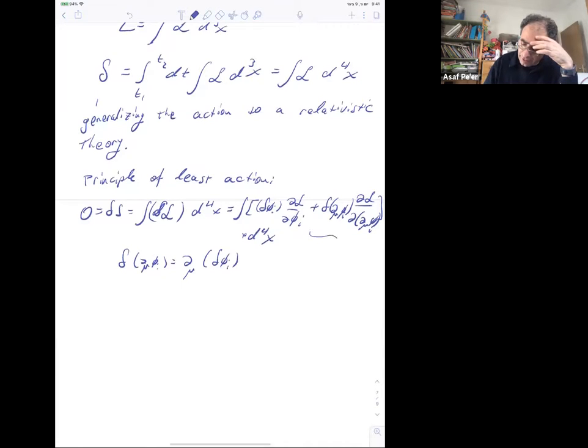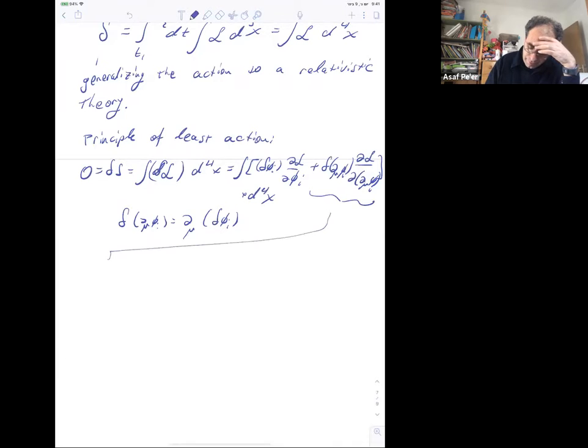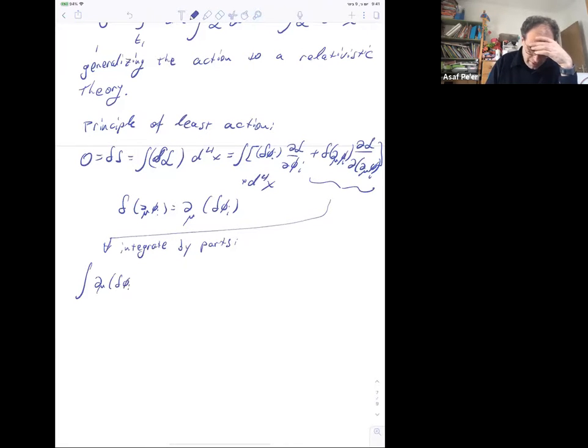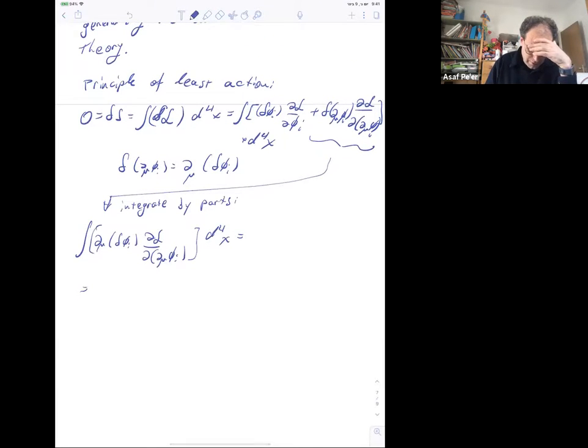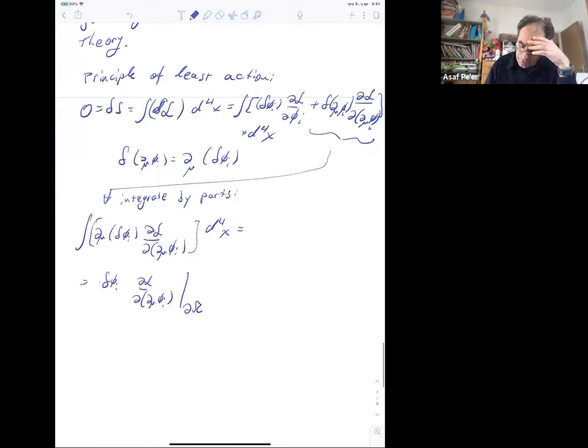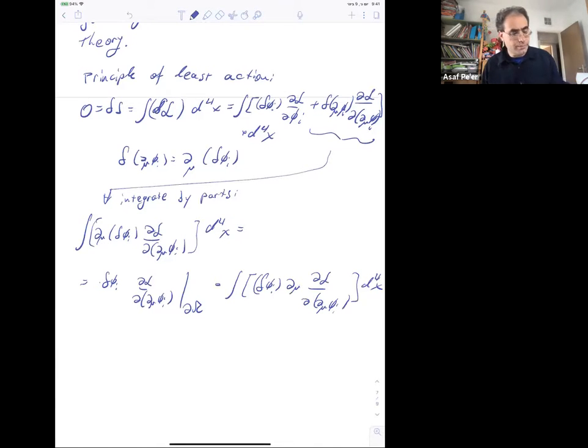And then we can take this term and integrate it by parts. Integral d_mu delta phi_i, dL over d(d_mu phi_i), d^4x, is just delta phi_i times dL over d(d_mu phi_i) at the boundaries of the volume we're integrating, minus integral delta phi_i d_mu dL over d(d_mu phi_i) d^4x.